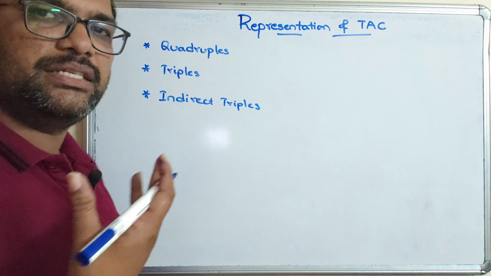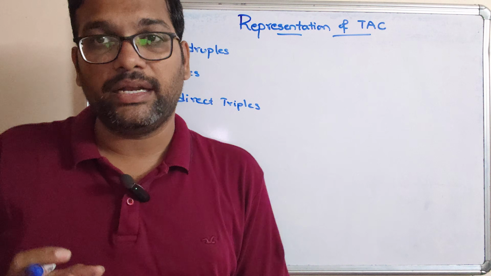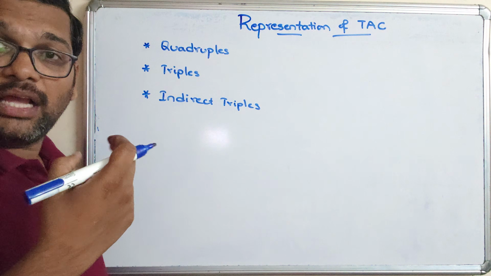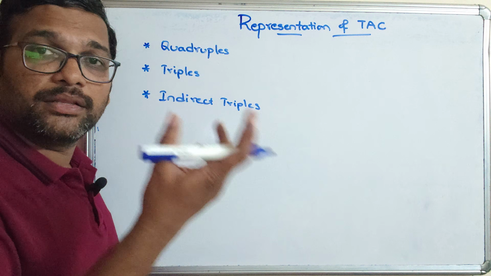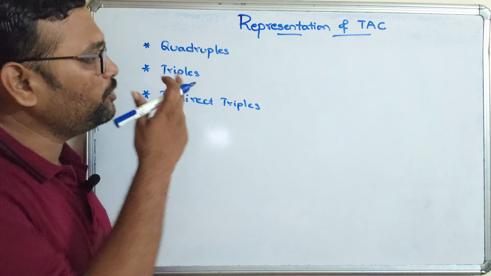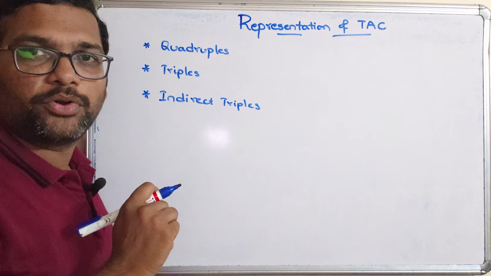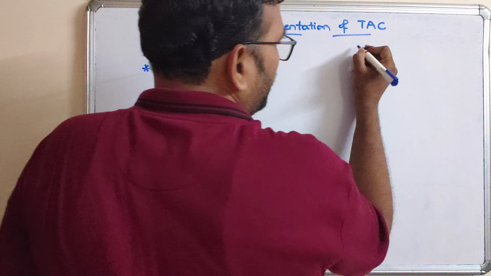So these are the three ways we can represent any three address code. We'll take one example, then see how that expression can be represented using quadruples, triples and indirect triples. This is also a very important concept. So let us take an example.